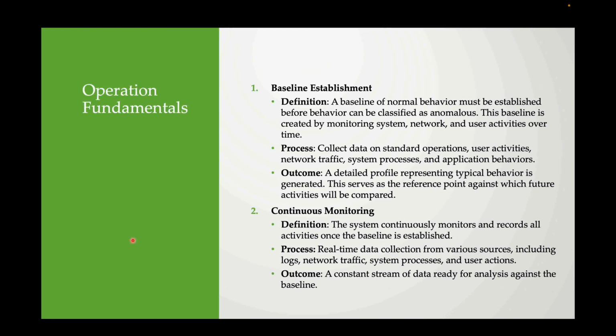Now, to understand the core operation, you need to look at what important things happen behind the scenes: baseline establishment, continuous monitoring, alerting and response, and finally the feedback or update.